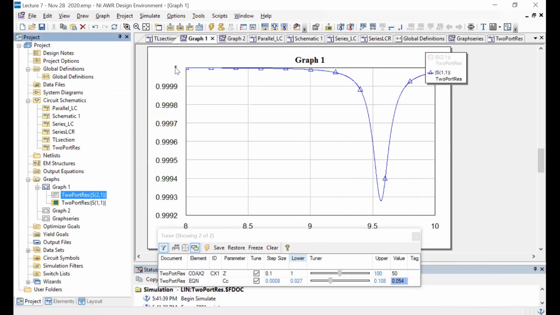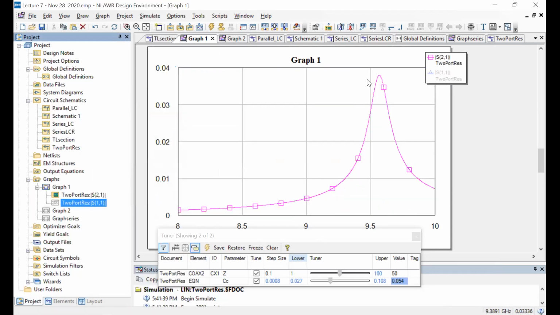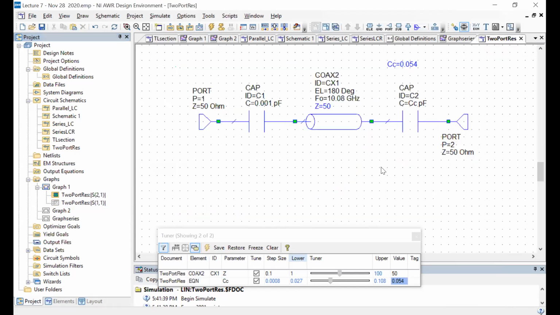Look at the scale here, it's going from 1 to 0.9993. And here, it's much bigger relative to that. Here it's like in the second place of decimal, there it's in the fourth place of decimal. Okay. And this is something often used where you have a highly asymmetric resonator.